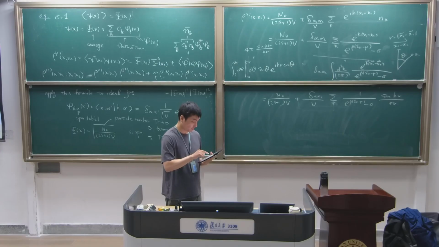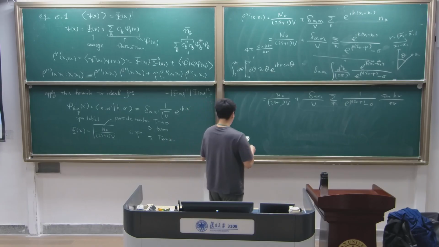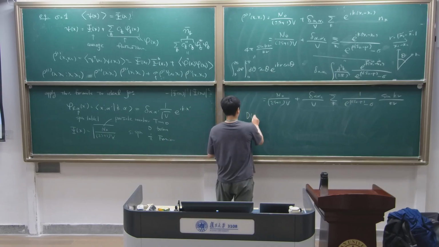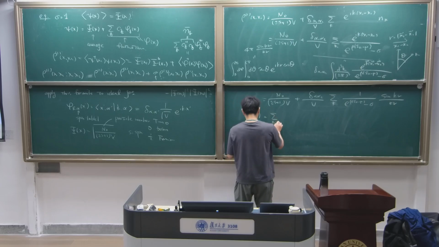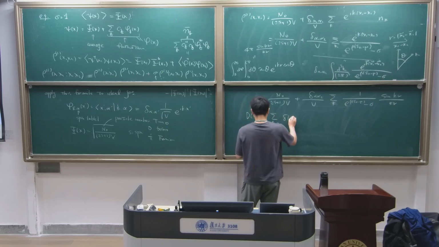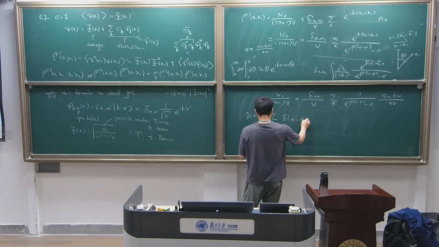Let me check. So this dimension can be approximated by, so recall that the d of E is given by sum over k and then alpha delta epsilon minus epsilon k.